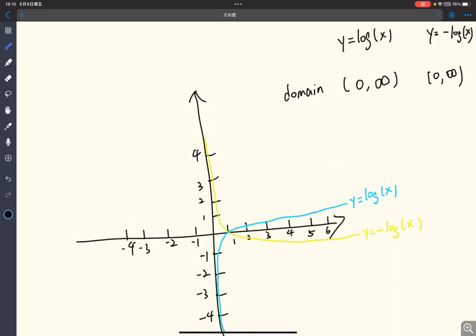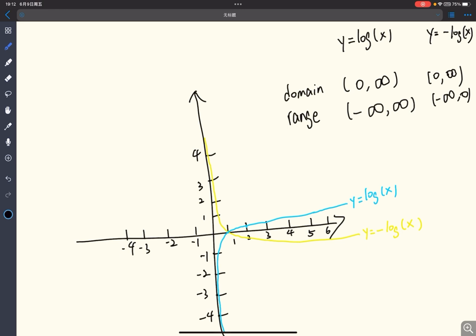The range of y equals log x is negative infinity to infinity, and y equals negative log x is negative infinity to 0.